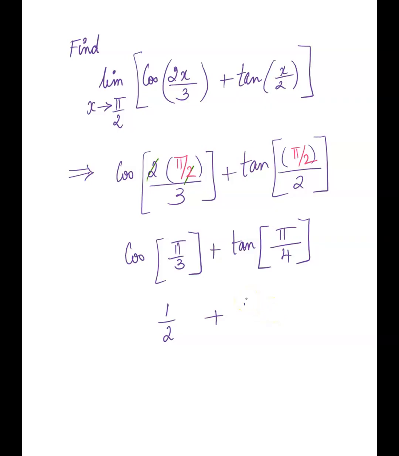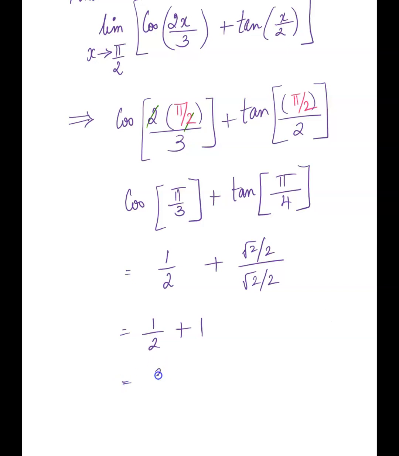You can see in the unit circle that sine pi over 4 is root 2 over 2, over cosine, which is root 2 over 2. And so that's going to be half plus 1, which is 3 over 2.